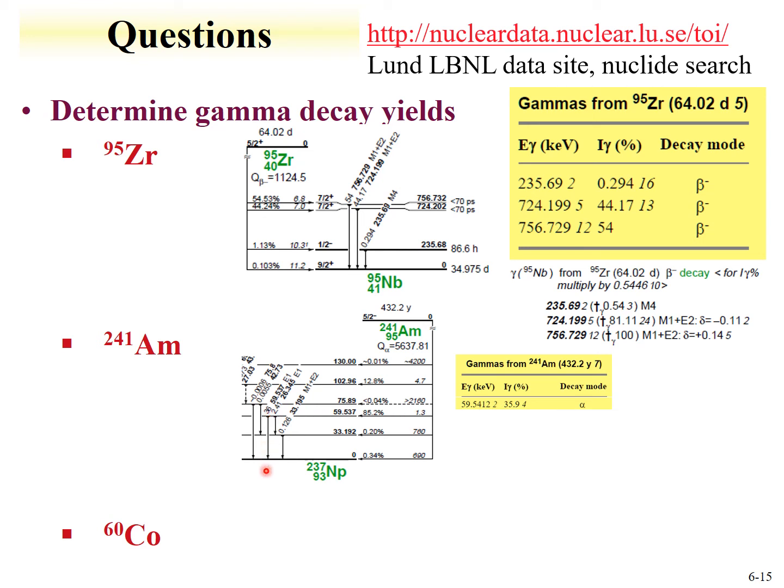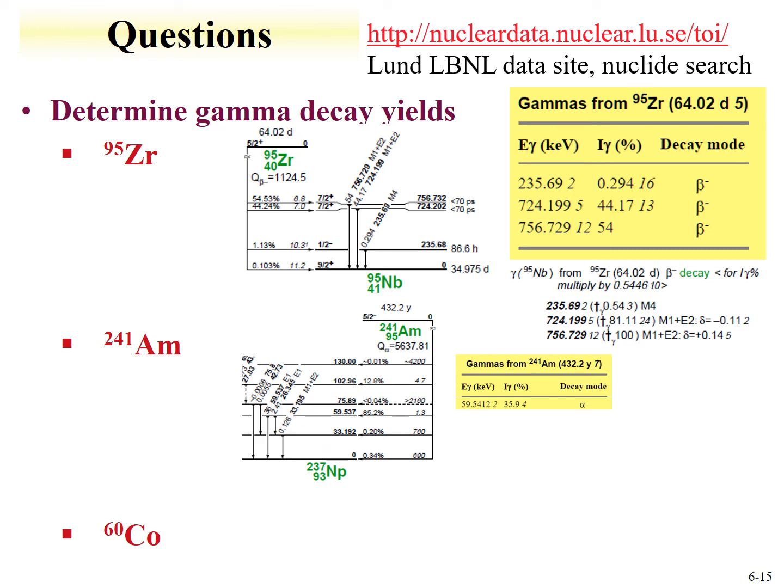That would yield this photon. And then the remainder, another percentage of the time is listed here. You see it goes from this 59.5 keV energy state to a 33 keV energy state, and then from that 33 keV energy state to the ground state. So there are these competing transitions.